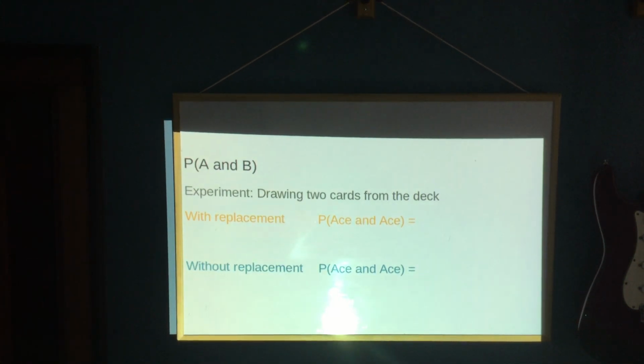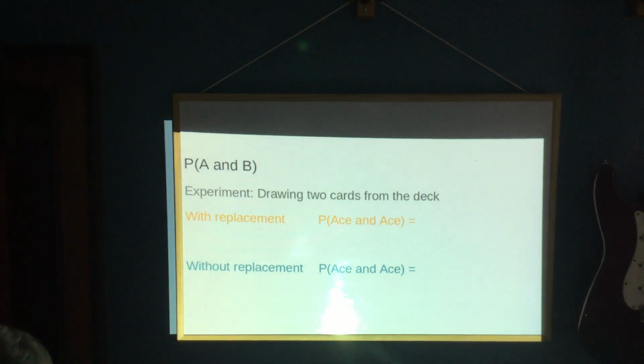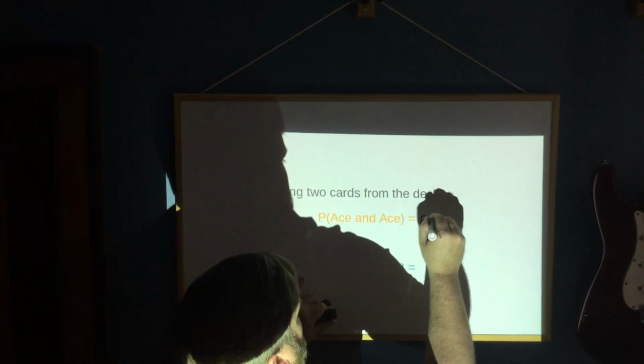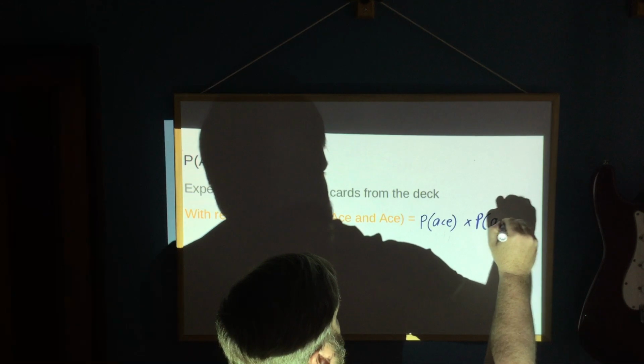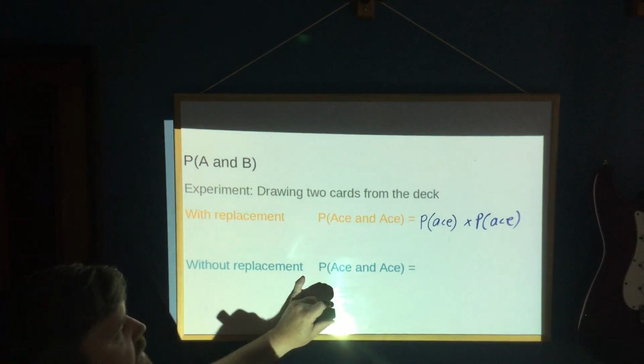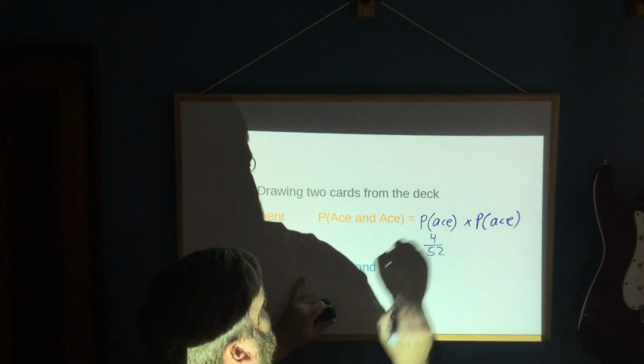Here I'm going to draw two cards from the deck. One time with replacement. So I want to know the probability that I draw an ace, put it back in the deck, and then draw another ace. Well, there are 4 aces. So I'm going to know the probability of an ace times the probability of an ace. The probability that I draw the first one is 4 out of 52.